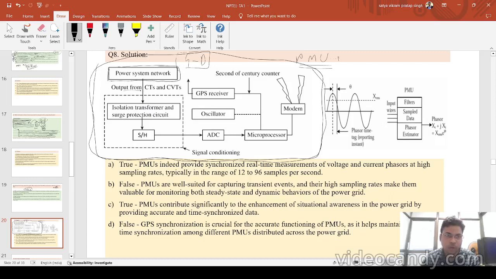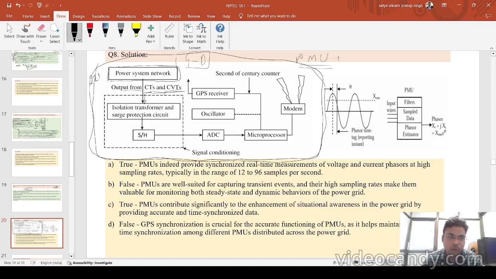And the output from CTs and CVTs. CT is the current transformer, and CVT is the capacitor voltage transformer. Okay, so there is an isolation transformer and surge protection. How am I saying that? Because in your grid you have multiple voltage levels.